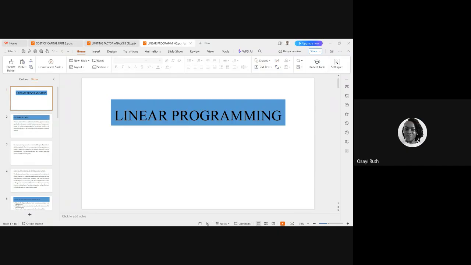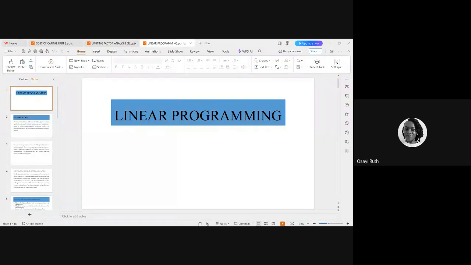Okay, number one, first we test for the limiting factor. Then the second step, we calculate the contribution per unit. Then from there, we calculate the contribution per limiting factor. Then we rank.